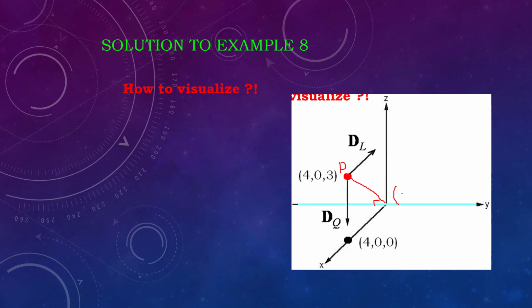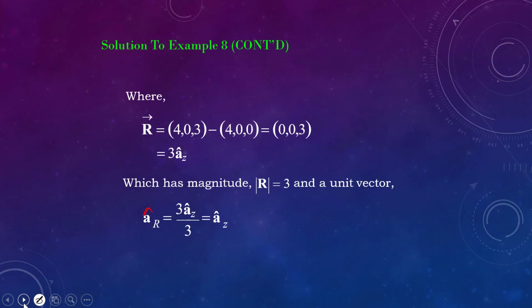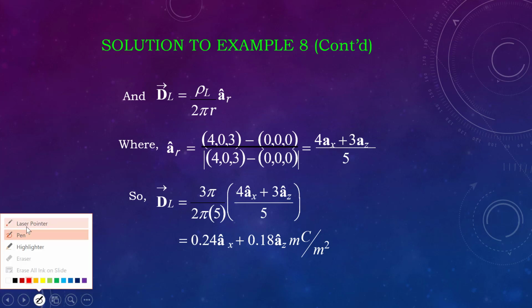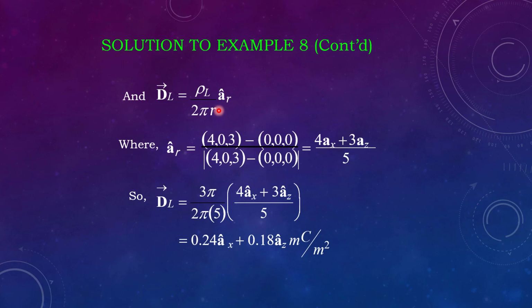So what is the foot of the perpendicular? On the y-axis, x value is 0 and z value is 0, and the y value is taken from point P, which is 0, so it goes exactly to the origin. Now we find the r bar vector and ar cap, which is the vector divided by its magnitude.